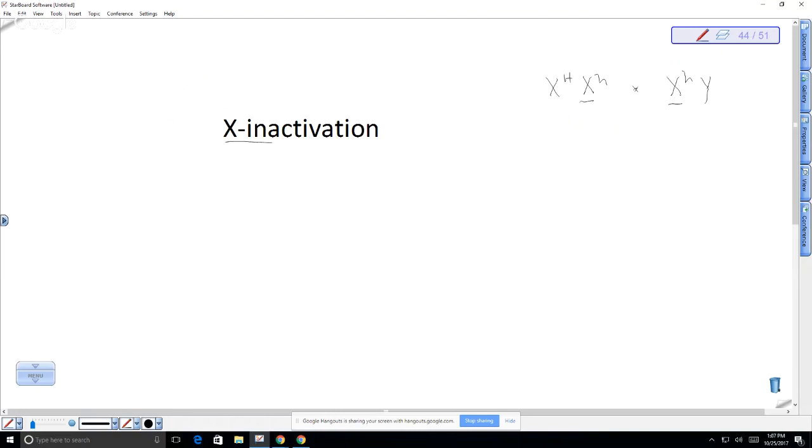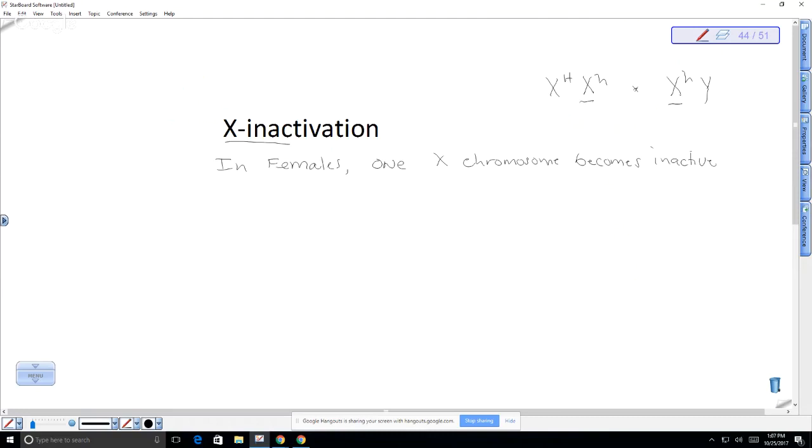And X inactivation is where, only in females, 1 X chromosome becomes inactive. And it becomes inactive by being condensed.